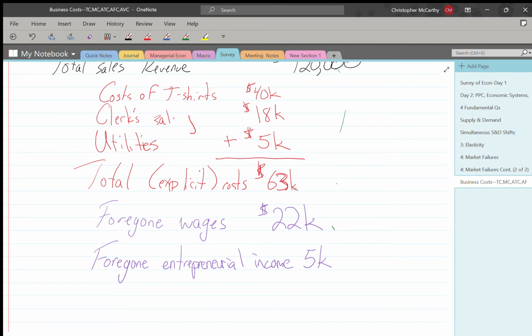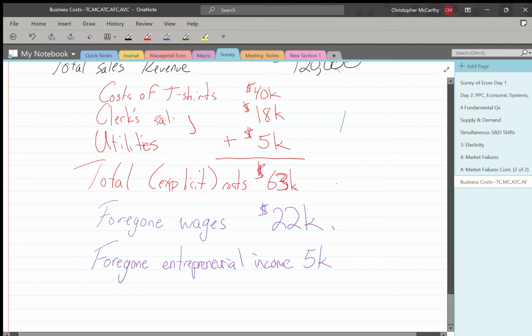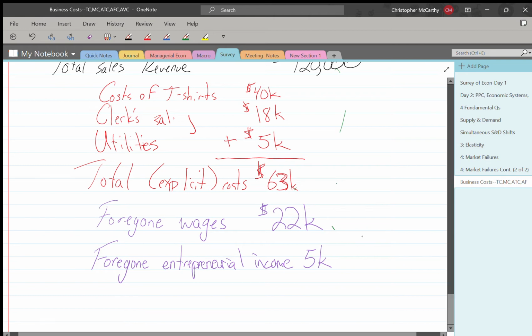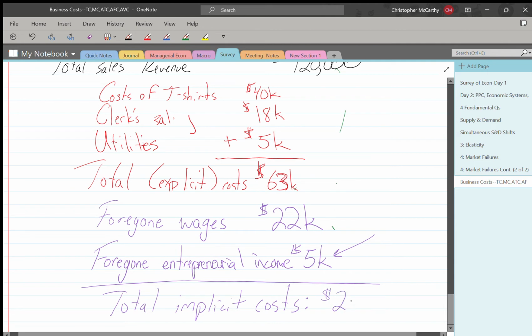So that's how much income I've foregone by applying my entrepreneurial abilities to the current retail t-shirt venture rather than applying them to other potential business ventures. Probably the most ephemeral of all of our implicit costs here, right? But doesn't matter. So our implicit costs are going to be this 22,000 plus this 5,000, so it's going to be $27,000.